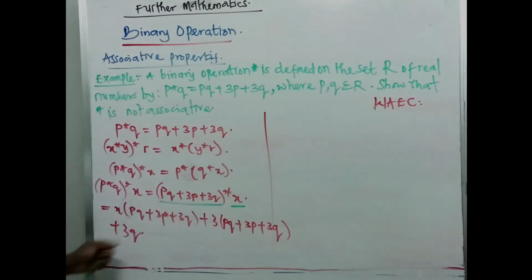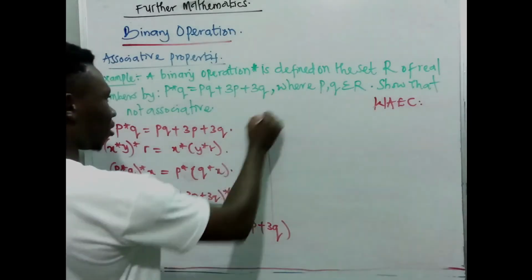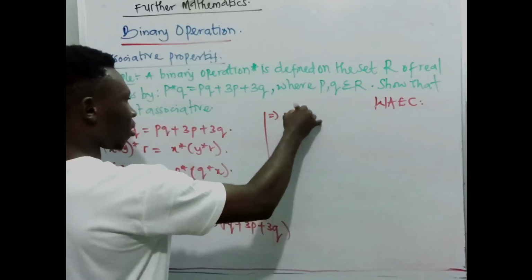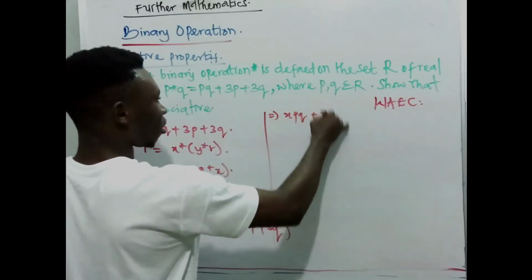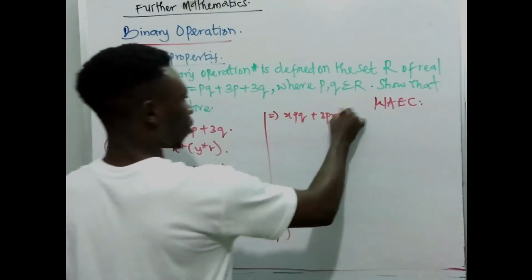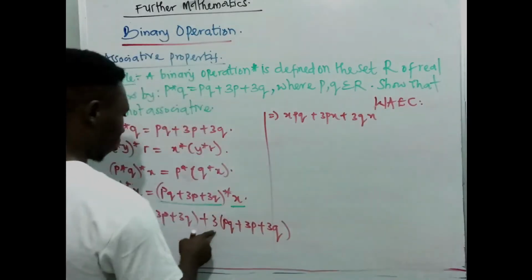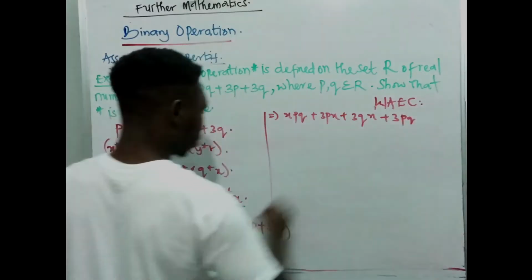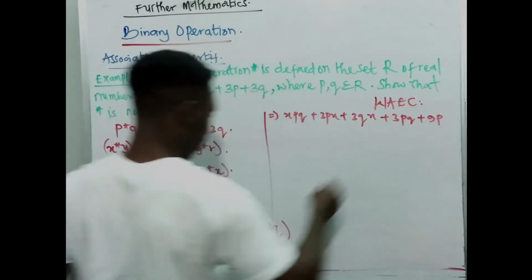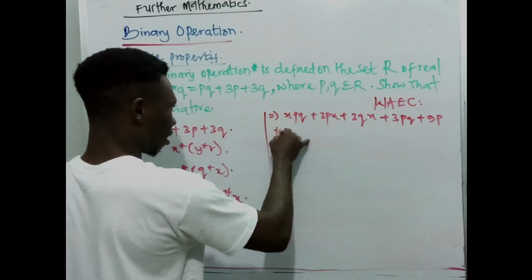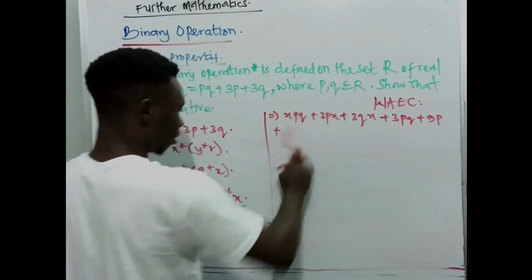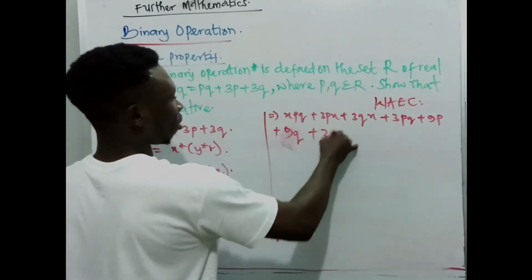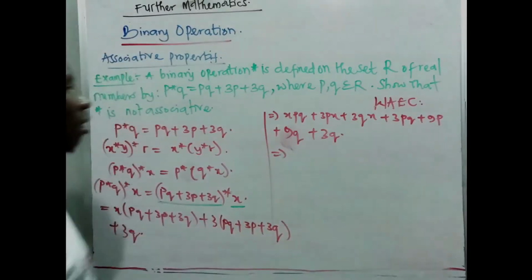So I cannot leave this unexpanded. If I expand this, I'm going to have SPQ plus 3PS plus 3QS plus 3PQ plus 9P plus 9Q plus 3S. So I can go further to collect like terms here.